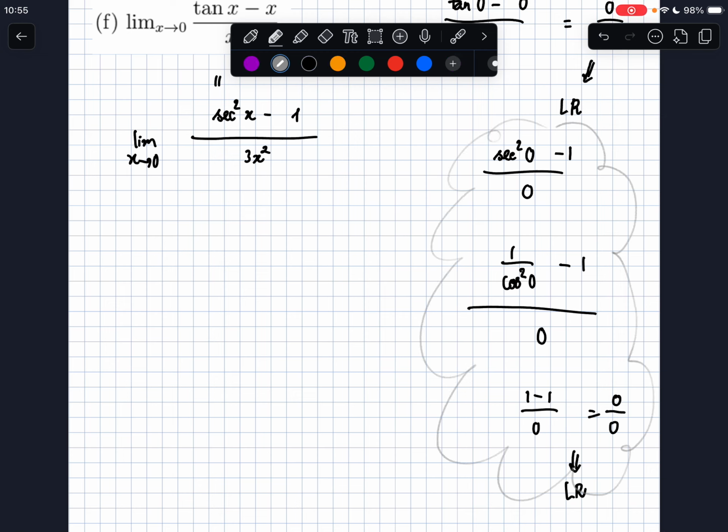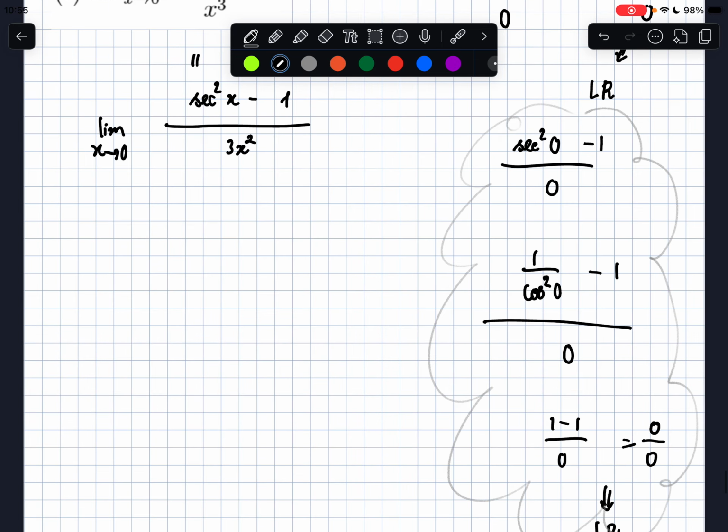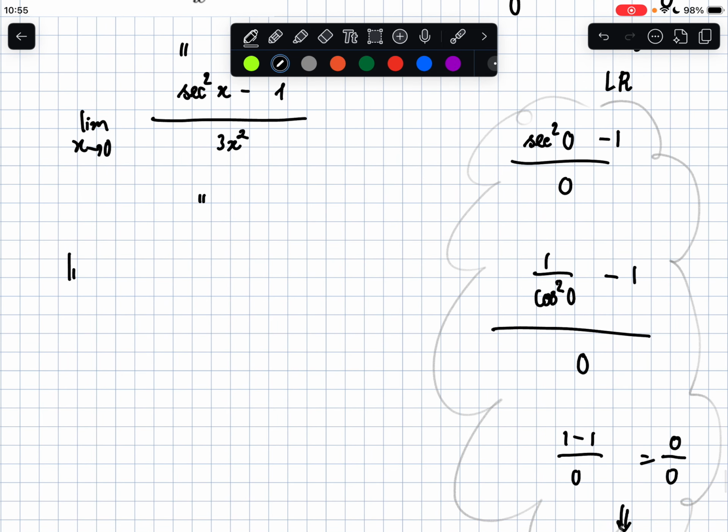So let's do that. The derivative of secant squared is 2 times secant of x times the derivative of secant of x. So I use the chain rule here. The derivative of 1 is 0, and the derivative of 3x squared is 6 times x.